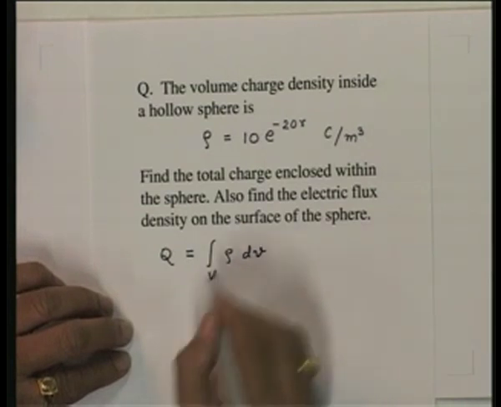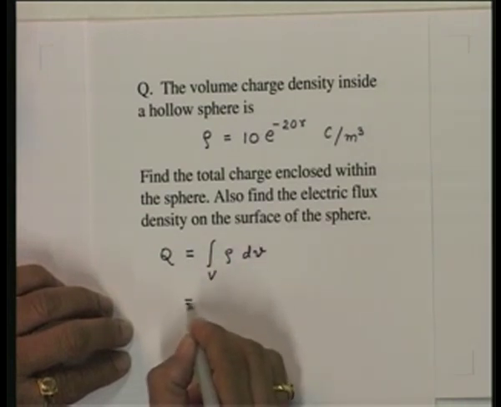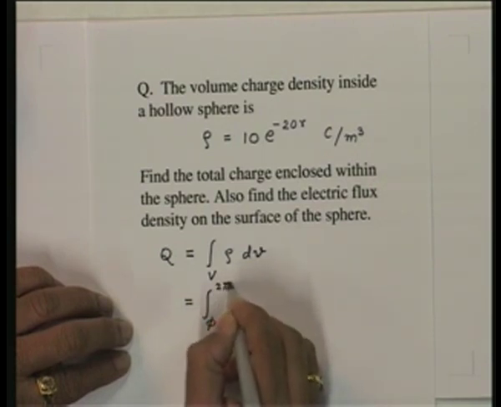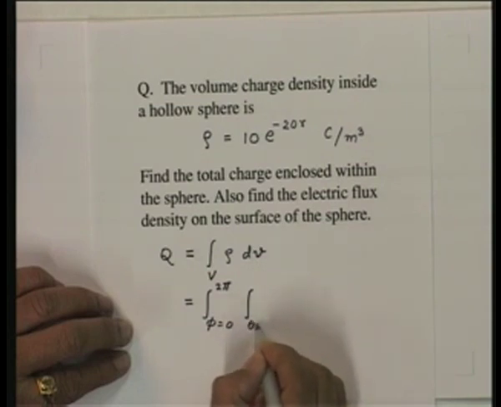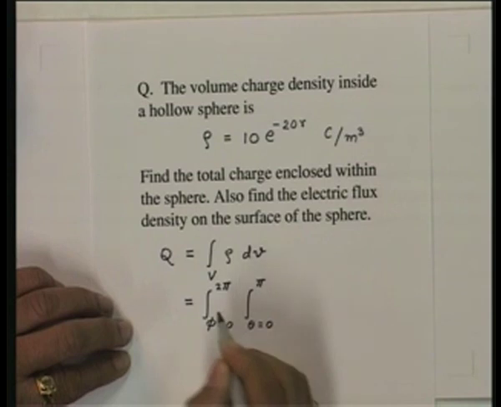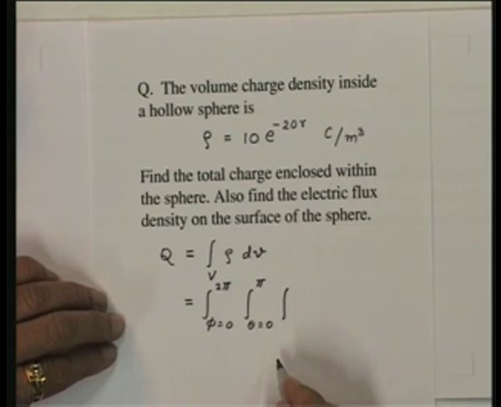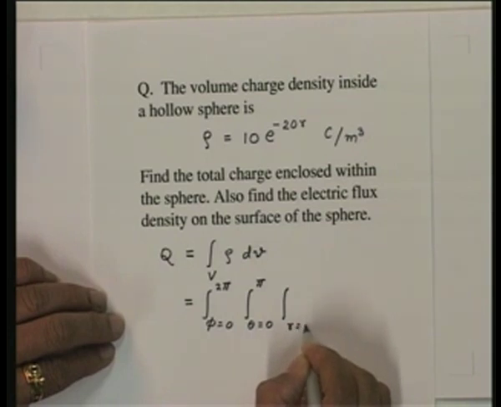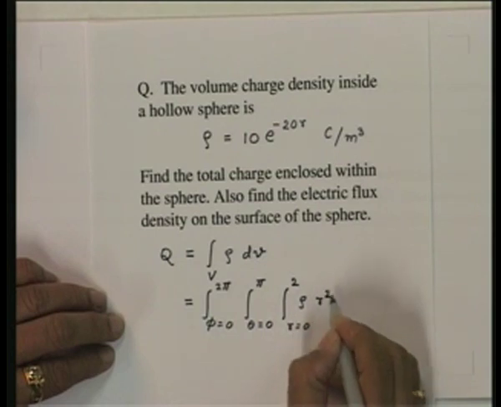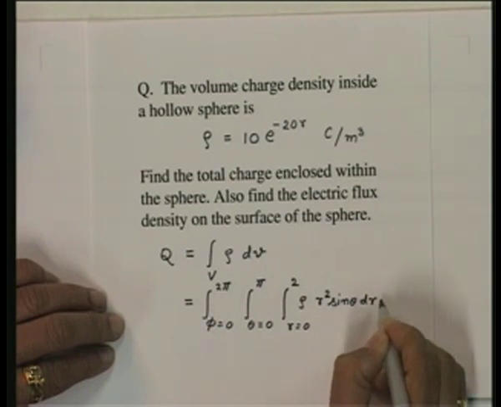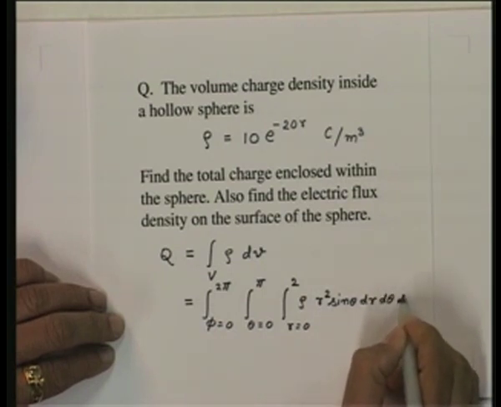If you write this volume in spherical coordinates, this is equal to phi going from 0 to 2 pi, theta going from 0 to pi, and r, which is the radius of the sphere, which is 2 meters. So, r goes from 0 to 2, rho r square sin theta dr d theta d phi.